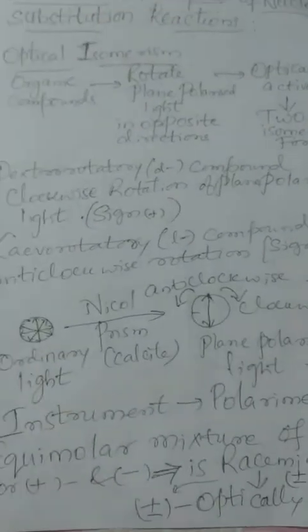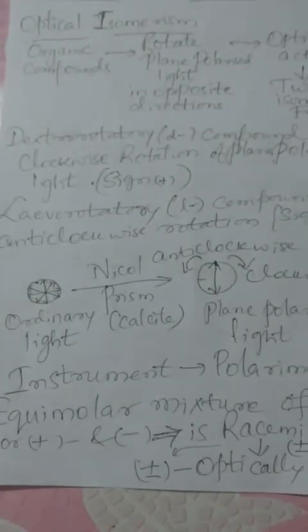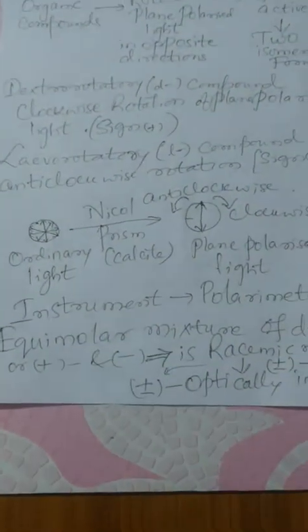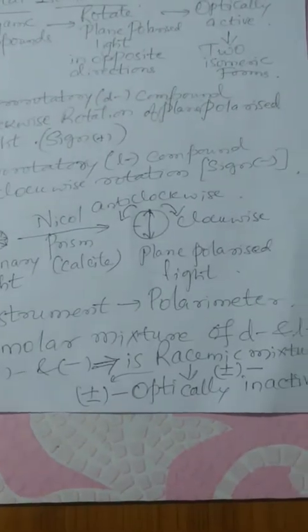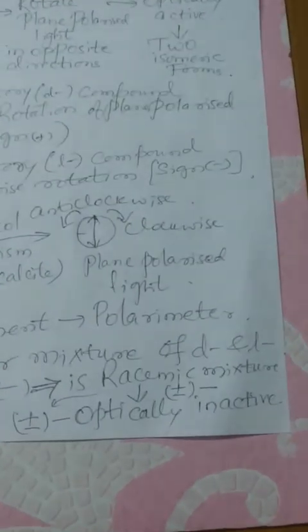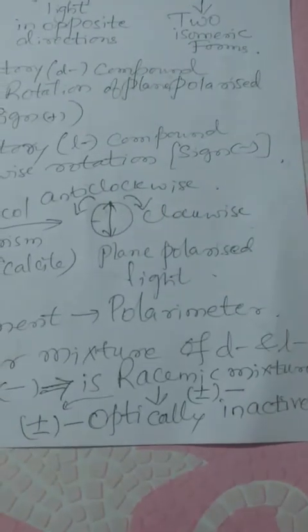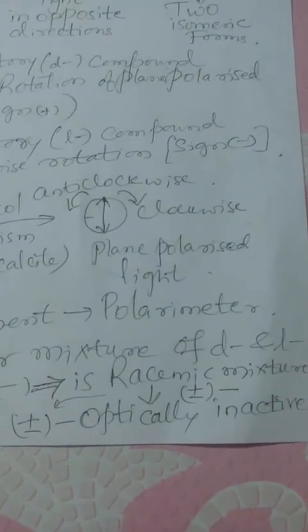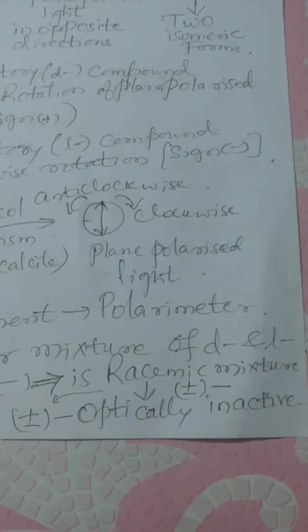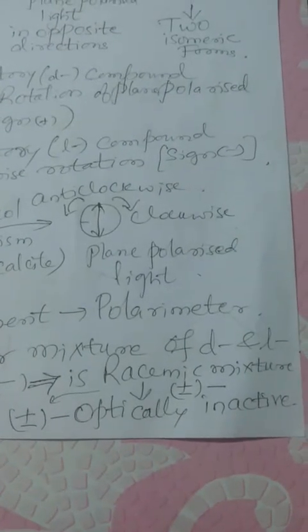Now if you take an equimolar mixture of the two, that is the plus compound and the minus compound, that equimolar mixture of d and l compound is called a racemic mixture. It is optically inactive for the simple reason that both rotations, one being positive, the other being negative, cancel each other.